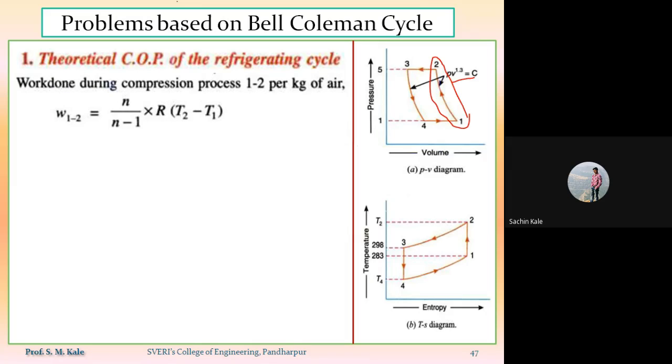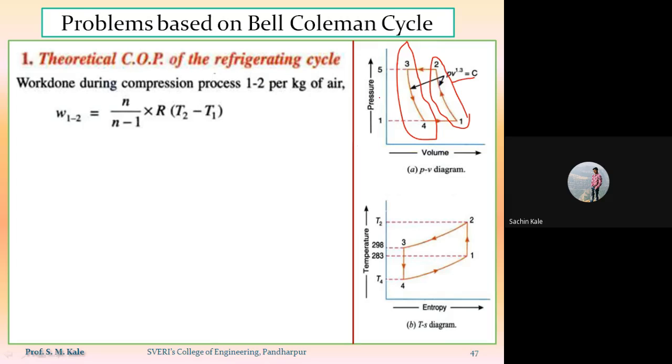That means if you use T2 by T1 is equal to P2 by P1 raised to gamma minus 1 upon gamma, and calculate the value of T2, then by using the process 3 to 4, the formula T3 by T4 is equal to P3 by P4 raised to gamma minus 1 upon gamma, you will get the value of T4. So after getting the value of T2 and T4, if you use formula number 2, you will get the theoretical value of COP.